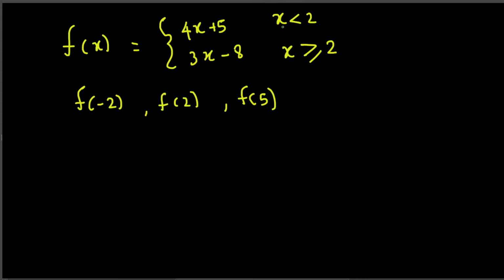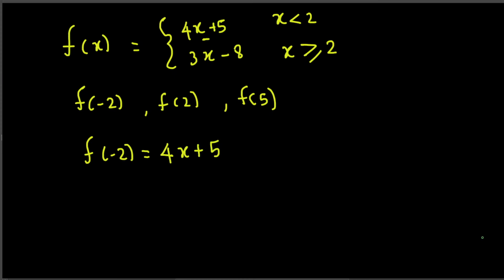If you look at the next one, that is greater than or equal to 2, so negative 2 is not going to be there. So the first function satisfies negative 2, so we have to use this equation right here, 4x plus 5.